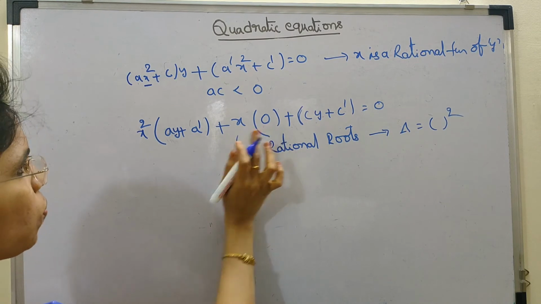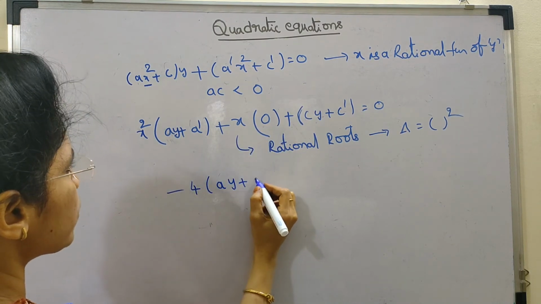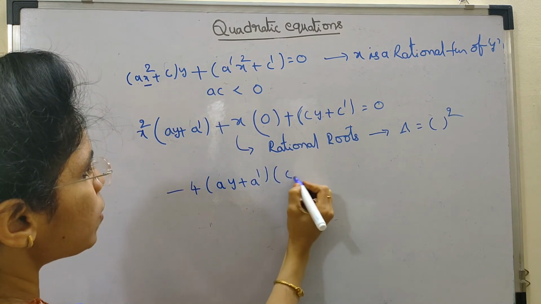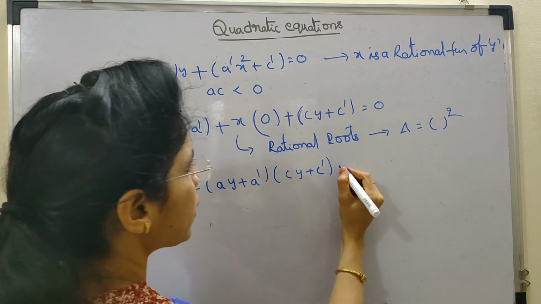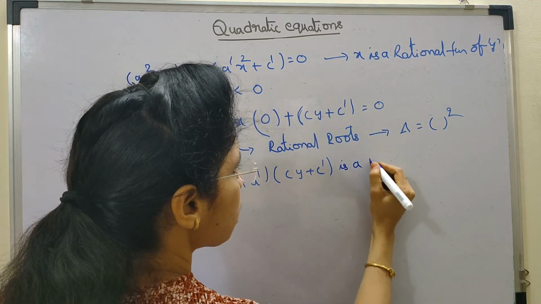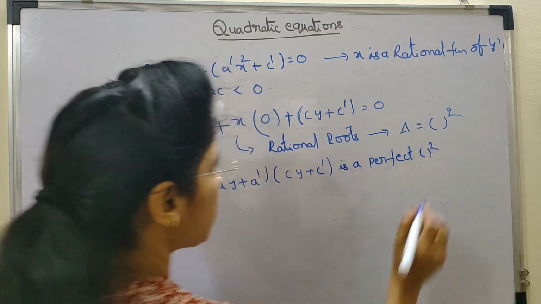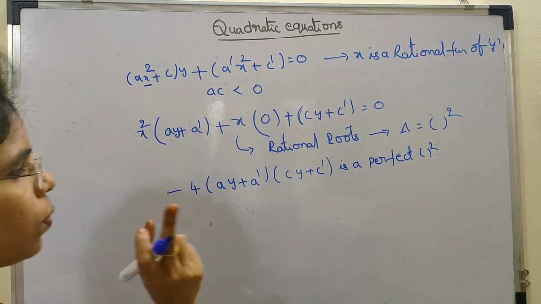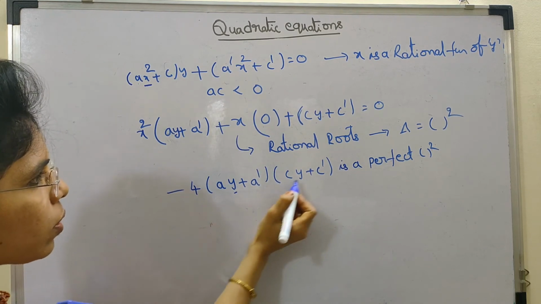The b term is 0, so b square minus 4ac, the product of the x square coefficient and the constant term, is a perfect square. Now notice that here you have one variable term y.